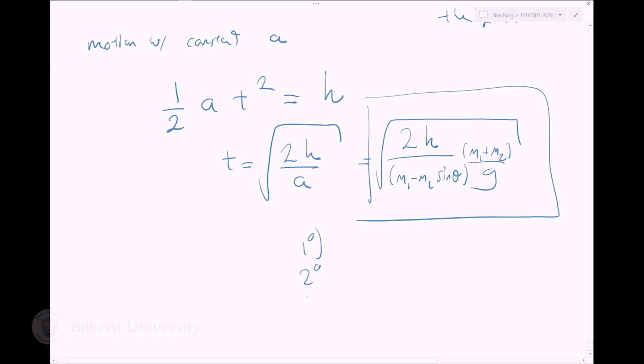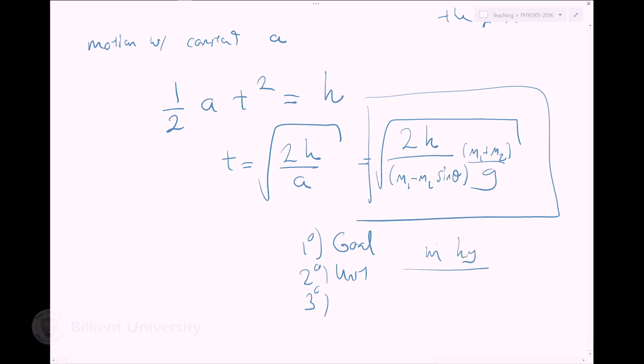This is 1, 2, and 3. Let's do our checks. First, did I reach my goal? Yes, time was asked, I found my goal. But let's quickly check the units. What's the unit for h? Meters. What's the unit for m1 plus m2?